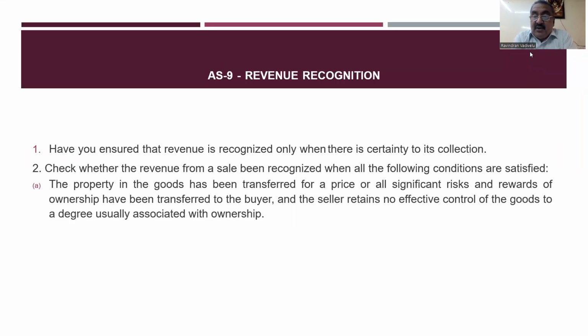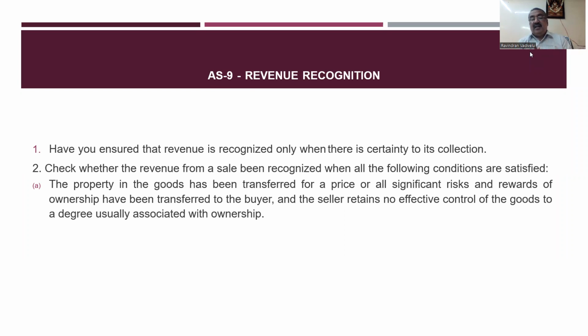That is, the property in the goods has been transferred for a price, or all significant risks and rewards of ownership have been transferred to the buyer, and the seller retains no effective control of the goods to a degree usually associated with ownership. So if there is a sale and the ownership goes to the buyer, the control has gone to the buyer and the seller has got no control, then the sale is there.